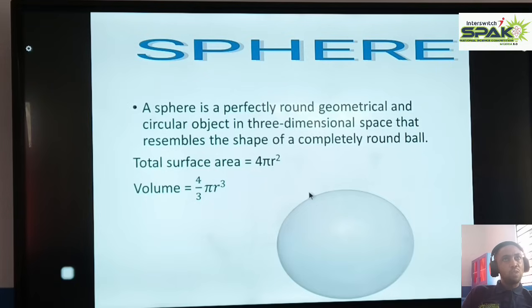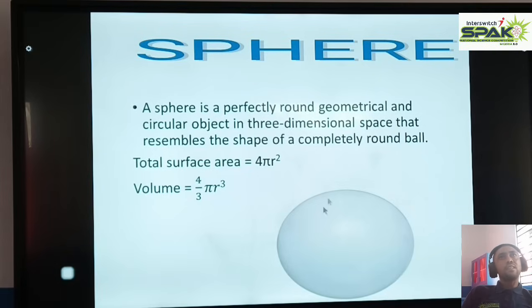A completely round ball. So a ball is spherical in shape. So the total surface area of a sphere is 4 pi r squared, while the volume of a sphere is 4/3 pi r cubed.